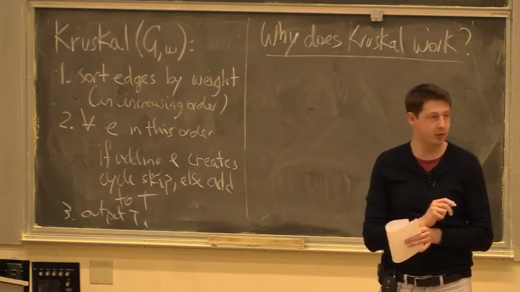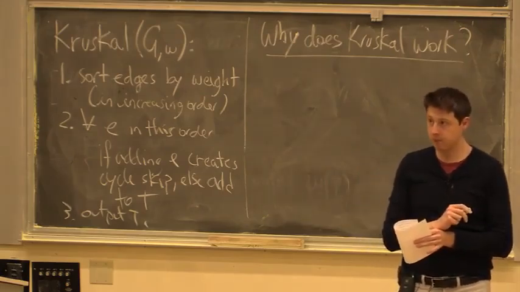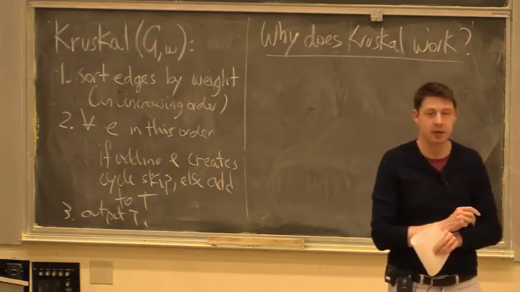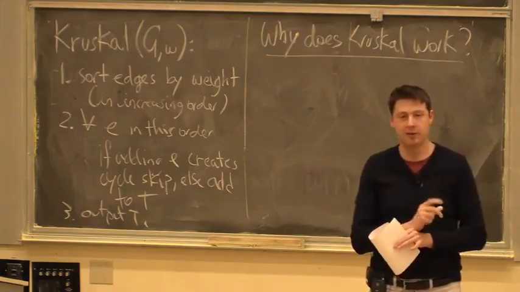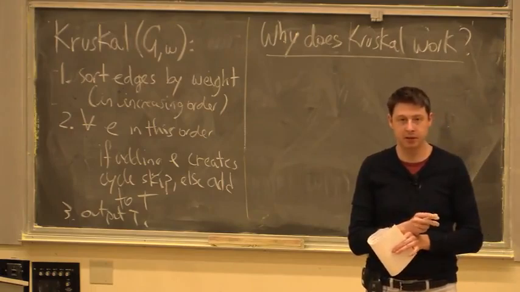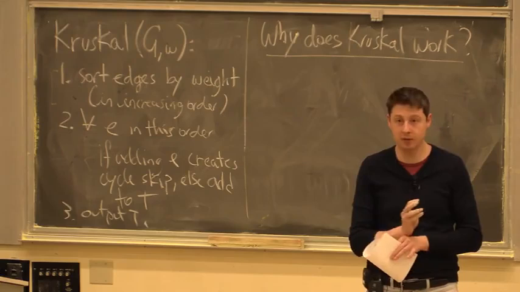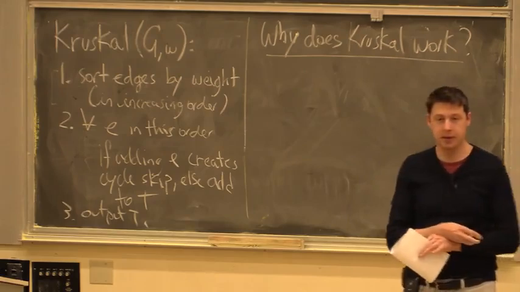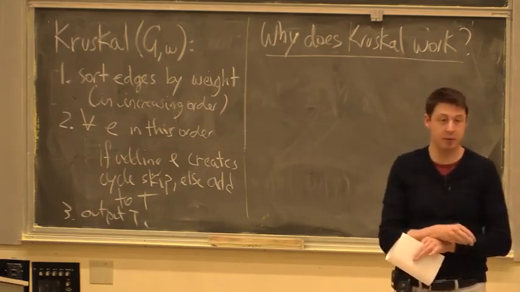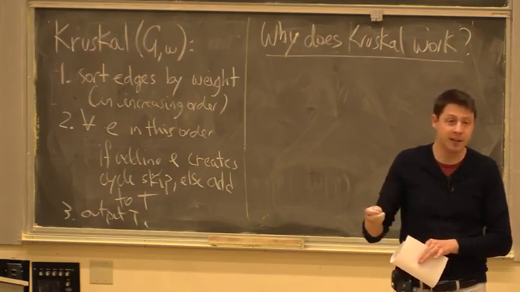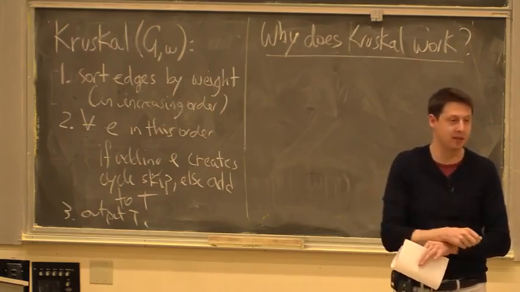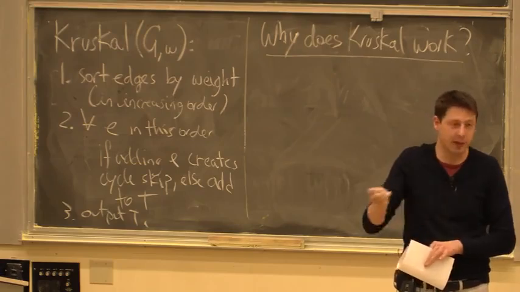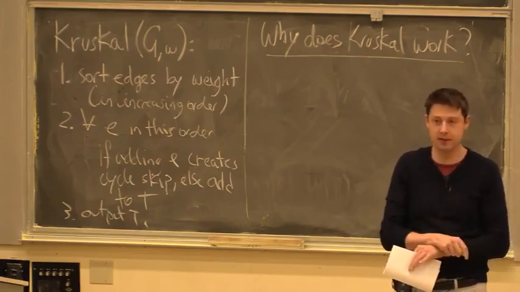Who tells us that's a good choice? Yeah, that claim says it's a good choice. So after the first iteration, we have X equals the set of the cheapest edge, and we know it's part of some MST. The next choice: maybe the next edge creates a cycle, something that connects back the same two vertices in some other way, and so you skip that. So you go to the next cheapest one that doesn't create a cycle.